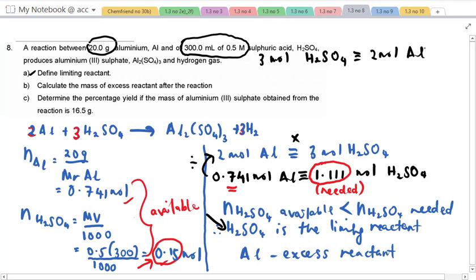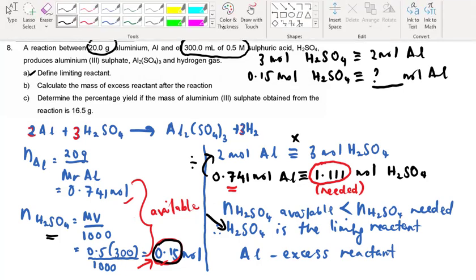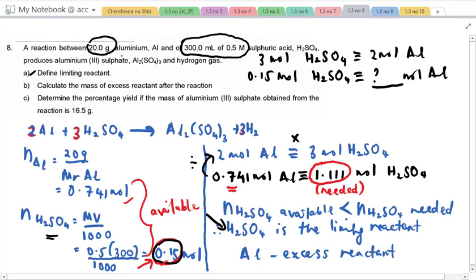Right. So since 3 mole is equivalent with 2 mole of Al, how much did we have just now? What is provided is 0.15 mole of sulfuric acid. So if we only have this much, 0.15 mole, how many mole of aluminium does it need?